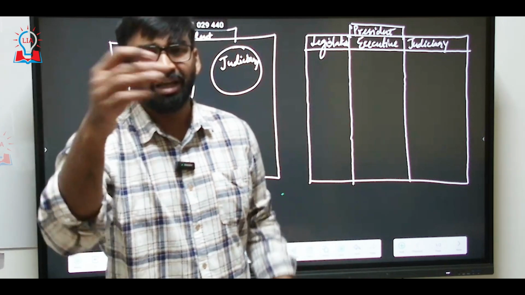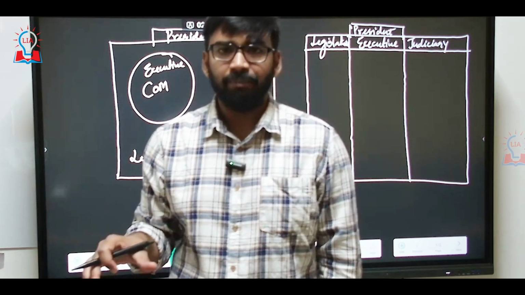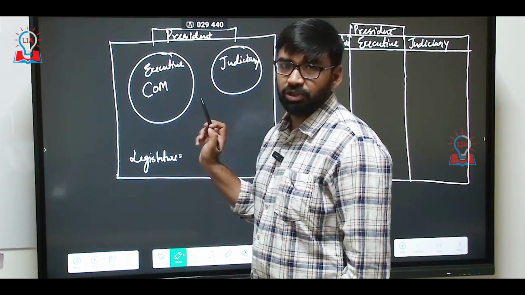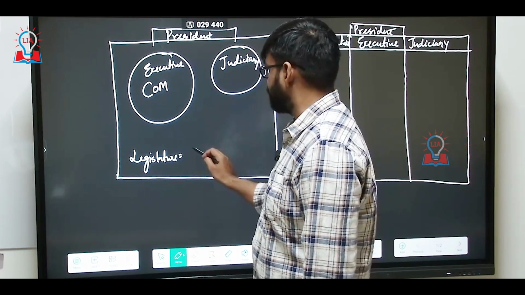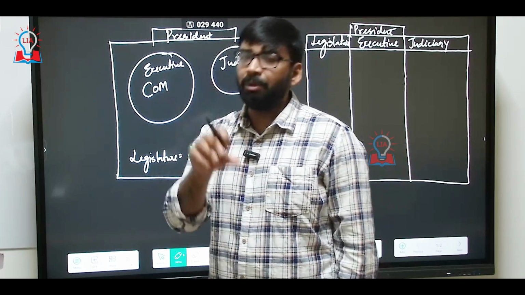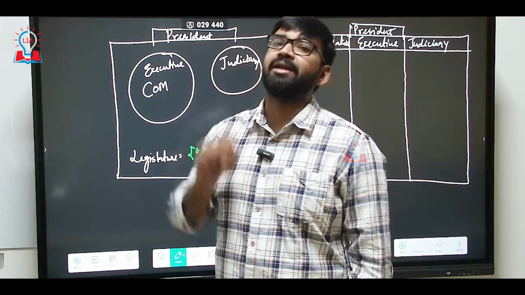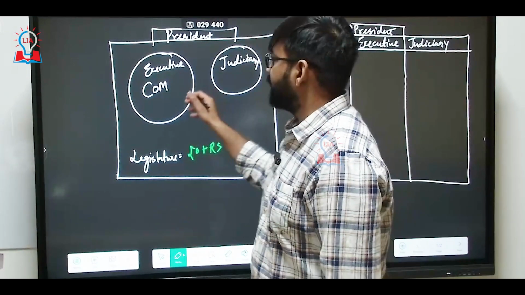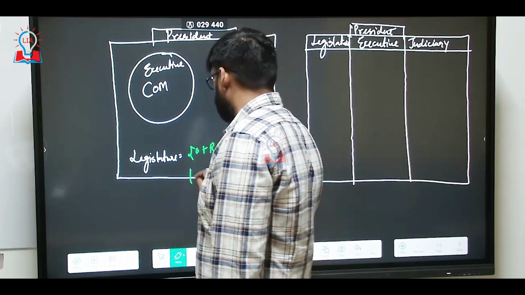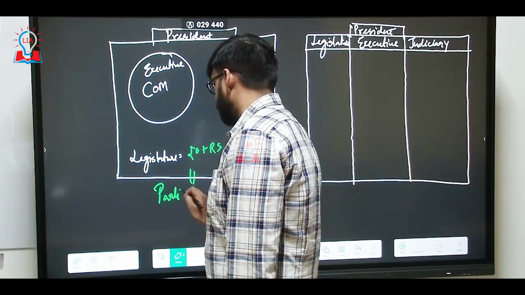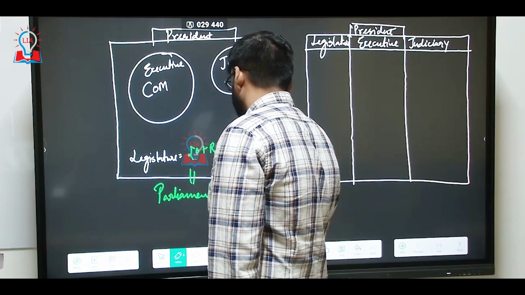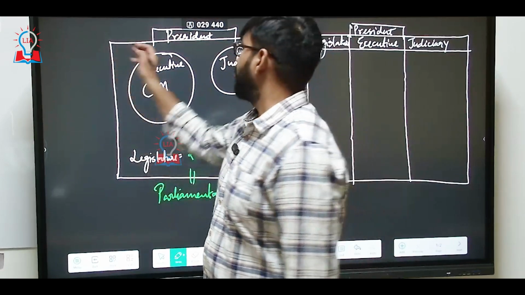So executives are a sub part of legislature, because to become a minister, you have to be a parliamentarian first. So this is called the parliamentary setup, because the president is an integral part of parliament.